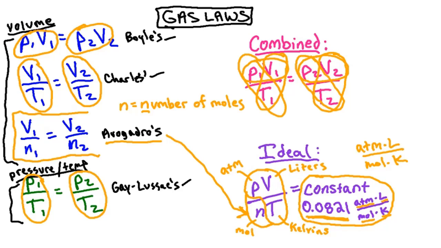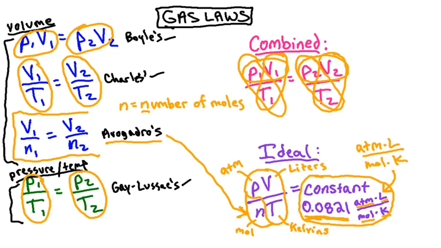I bring that up because it's an easy way to remember the units of measurement of this gas constant, just knowing that it's P times V divided by n times T. So atmospheres times liters divided by moles times kelvins.